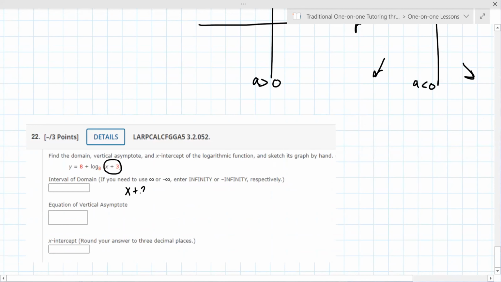You set that greater than 0, not greater than or equal to 0. And that's related to this next part. The equation of the vertical asymptote is where x plus 3 equals 0. It doesn't matter what the base is, it's just whatever's in parentheses. So the equation of the vertical asymptote is x equals -3, and then the domain is x greater than -3. So just convert that to this form here, interval notation.